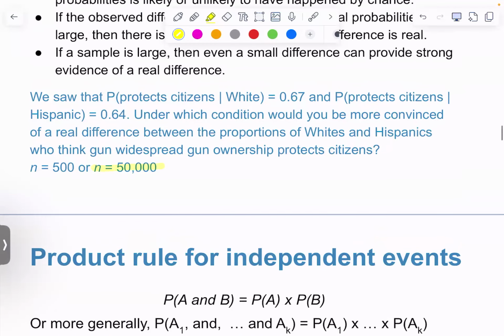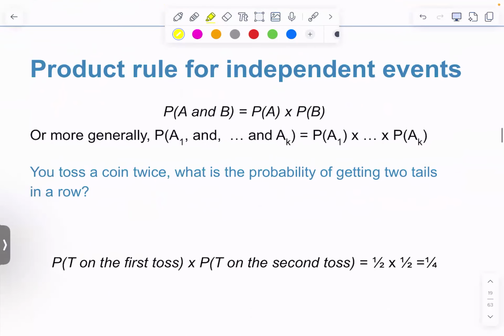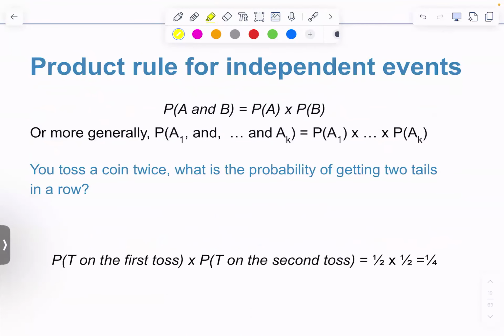I'll give you the answer there, but let's go to the product rule for independent events, because this one we use a lot. The probability of A and B, if we have independent events, is the probability of A times the probability of B, which you've seen on your formula sheet.